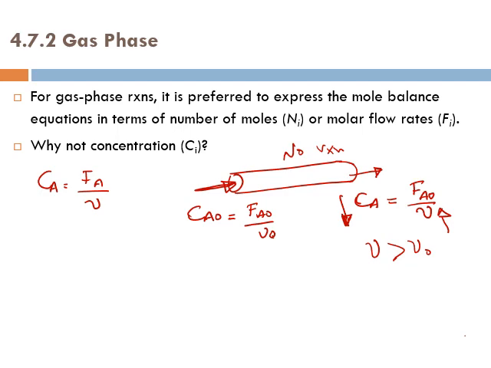So we don't use concentration to monitor the progress of a gas phase reaction, because concentration could change without the moles or the molar flow rate changing. Therefore I prefer to deal with either number of moles or the molar flow rate.